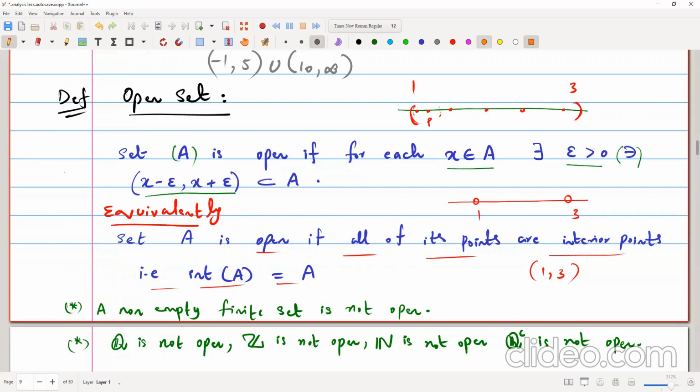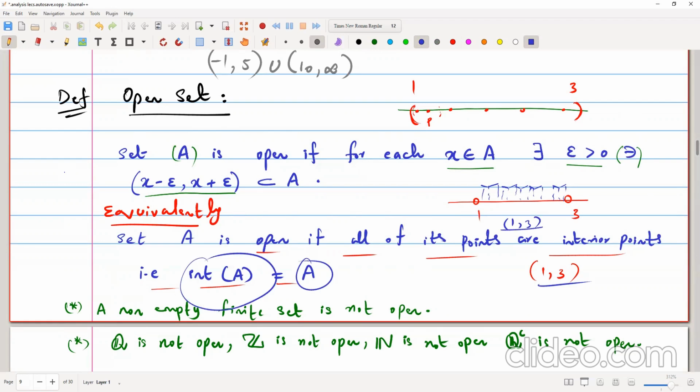We can stand anywhere between them and expand, and easily we will find a neighborhood inside the set. So we can see that the interior of this set is again (1, 3). This is the meaning of the interior being equal to the set. If the interior equals the set, then we call it an open set.